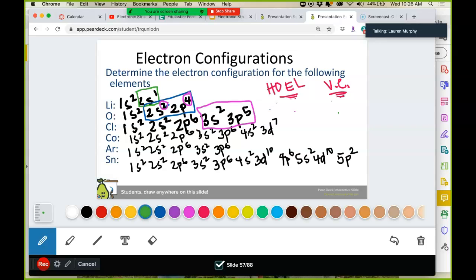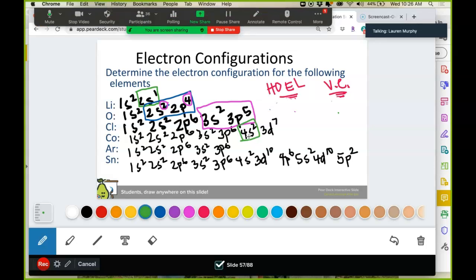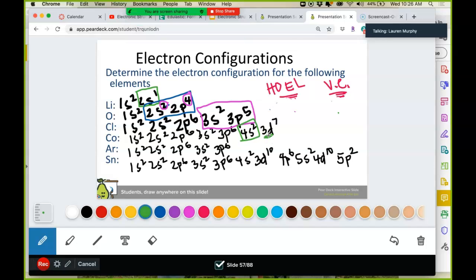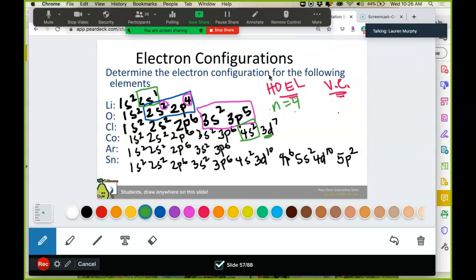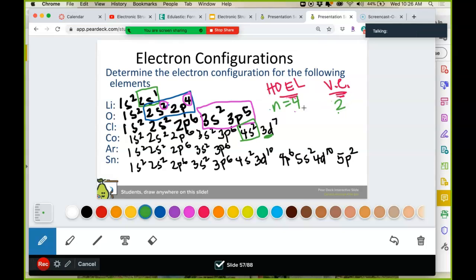So when you think of this, you have to think of this as your 4th ring. These electrons right here are on your 3rd ring. So this is your valence shell. So N equals 4. That's the highest occupied energy level. So how many valence electrons does cobalt have in its valence shell? 2. Okay, these 2. These are inner shell electrons.